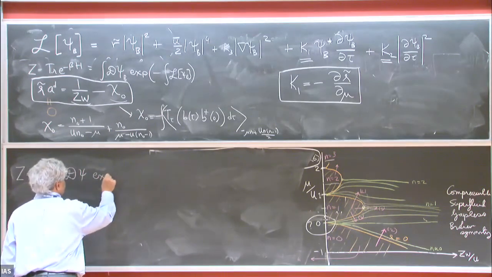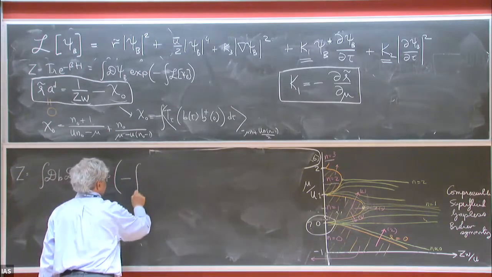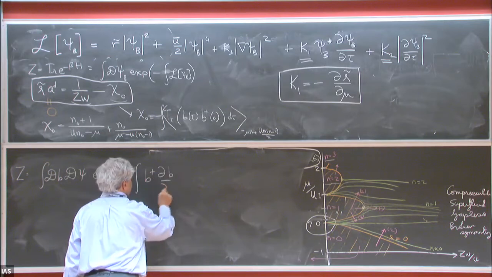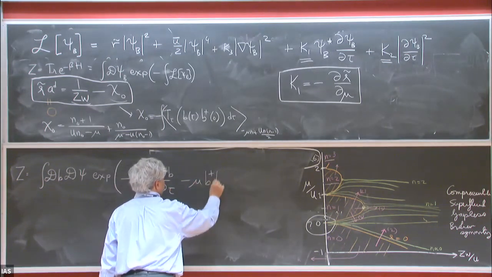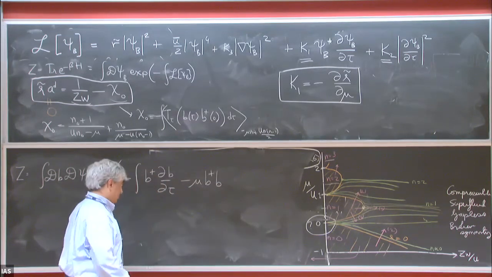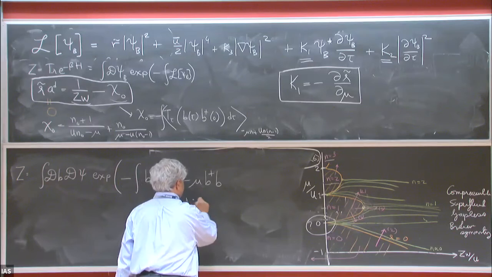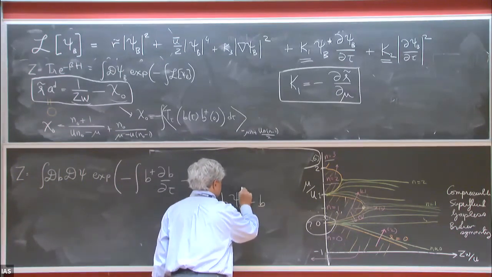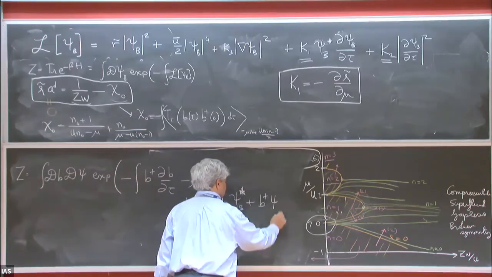Let me be very schematic and only write down the terms that I need. There will be something like D dagger dV d tau minus mu D dagger B. The chemical potential couples to the density. And you have various terms. And then you have D psi B star and D dagger psi.